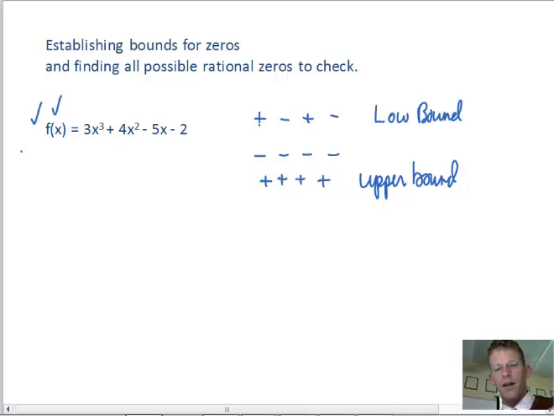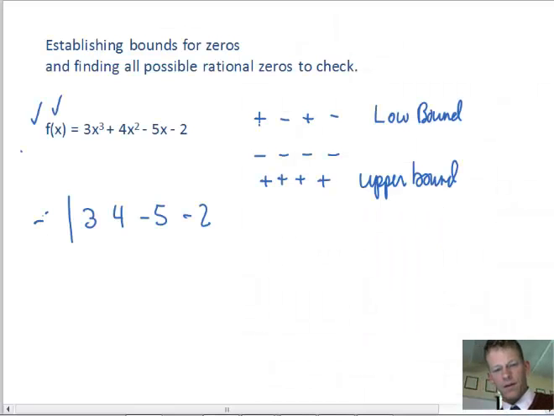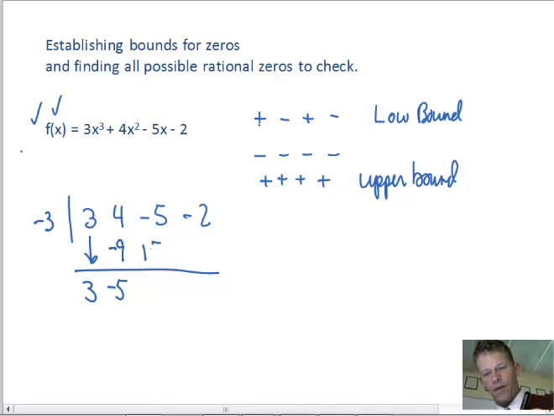So just hypothetically, let's pretend that we're going to try out a root for this synthetic division. I'll put my coefficients out, 3, 4, -5, and -2. And if I try a root, from what Desmos was showing, let's say I try -3, and I perform synthetic division, I bring the 3 down, -9, this will be -5, this will be 15, so I'll get 10.